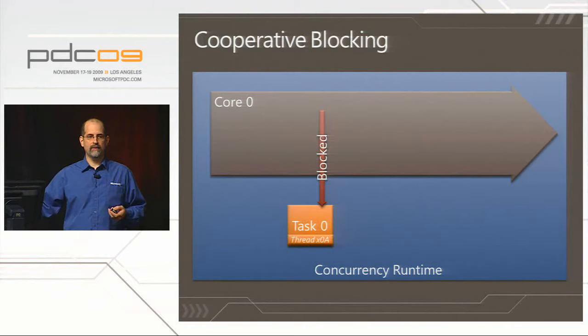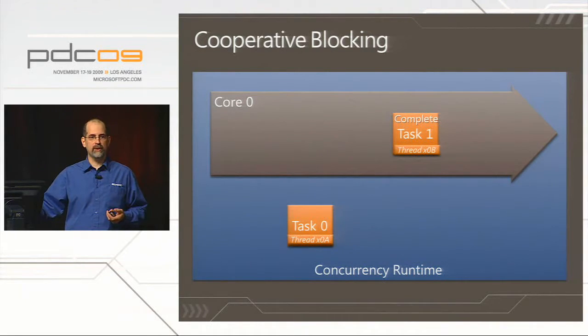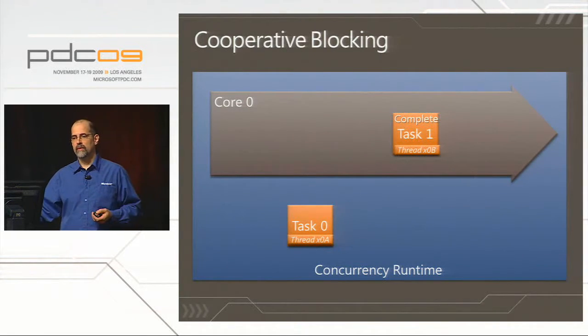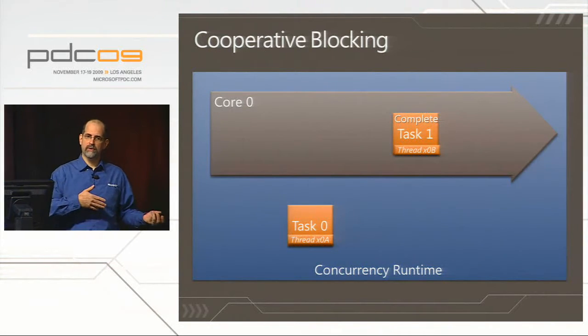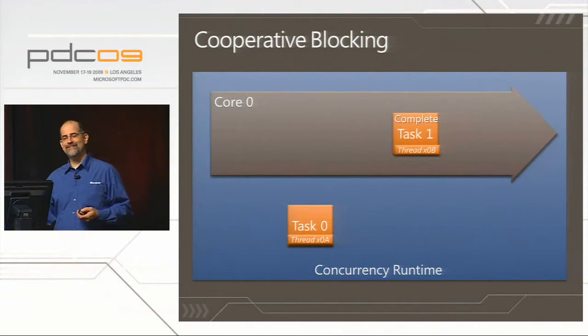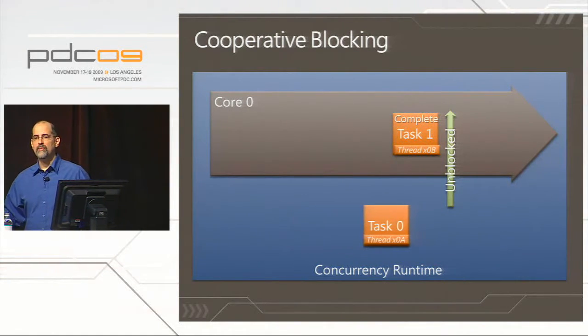And so it says, it's blocked. I can use this core for another task, and I will run that other task until it's completed or until it blocks. When the first task (we count from 0 here) is unblocked, it can then be rescheduled on the same core.